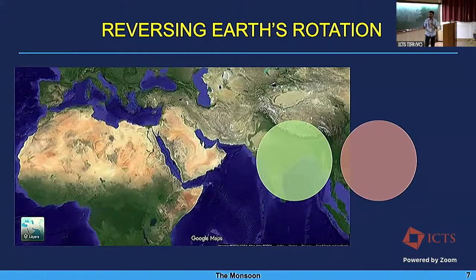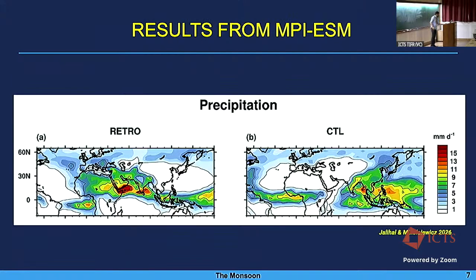But that is not what our Earth system model told. Going with the predictions of the Rodwell-Hoskins mechanism, there is no major difference in the total diabatic heating coming from South Asia.